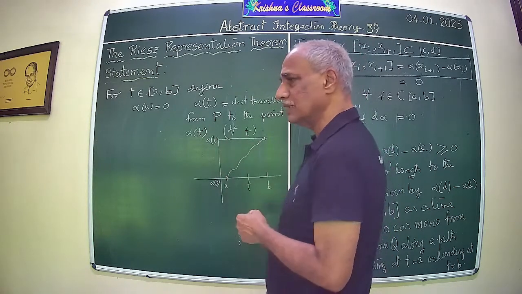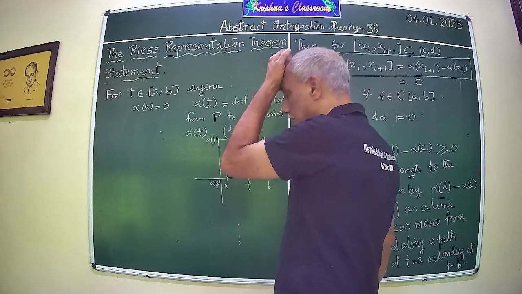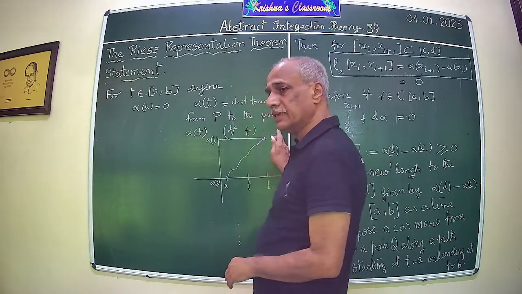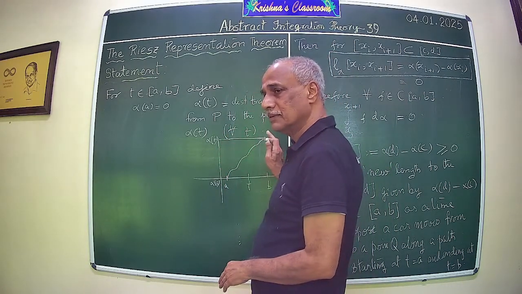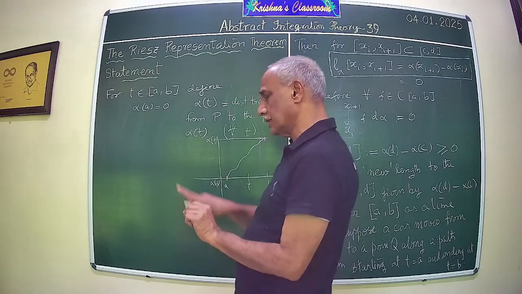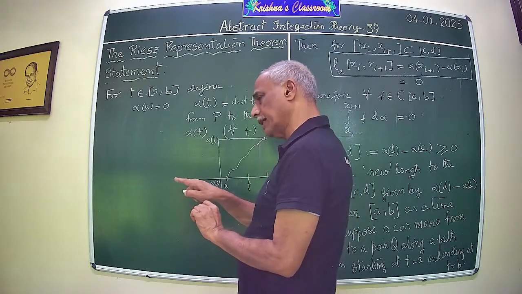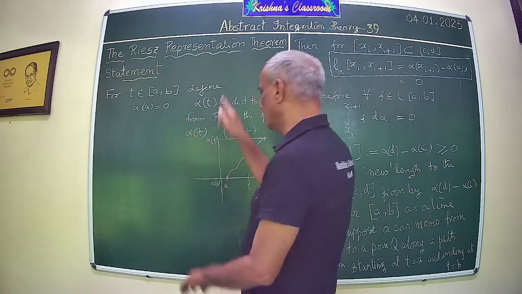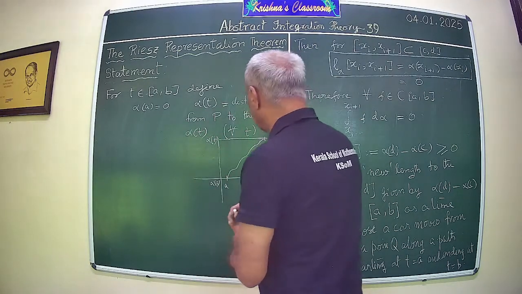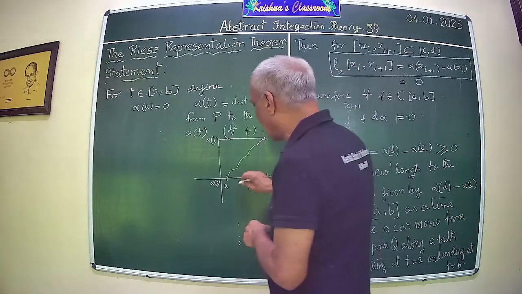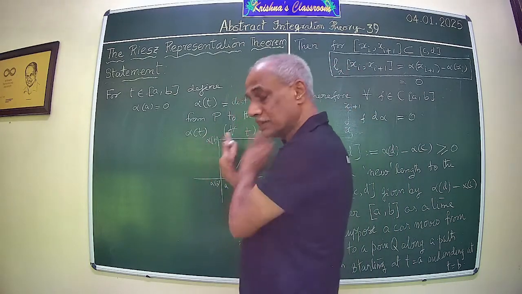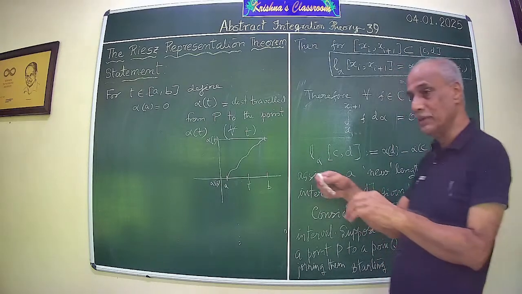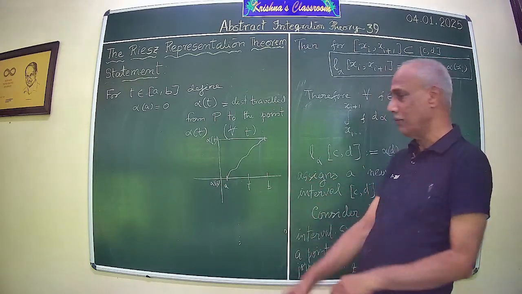Therefore, the total distance traveled is actually alpha b minus alpha a. But it is not traveling at a uniform speed. It travels at some speed for some time and then reduces and keeps fluctuating. But the distance traveled is always positive, not negative, because we are assuming that the car is not going backward.